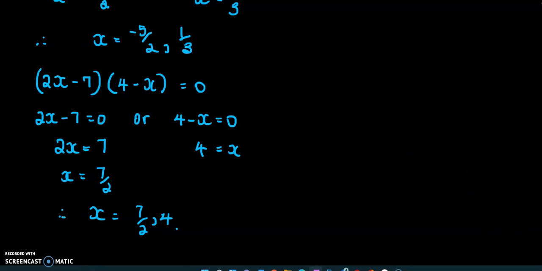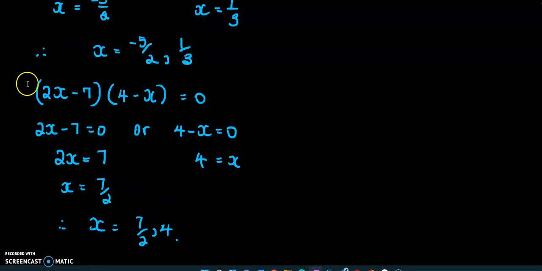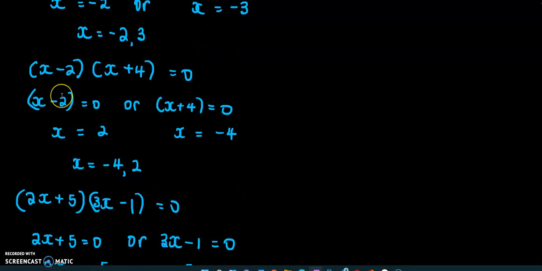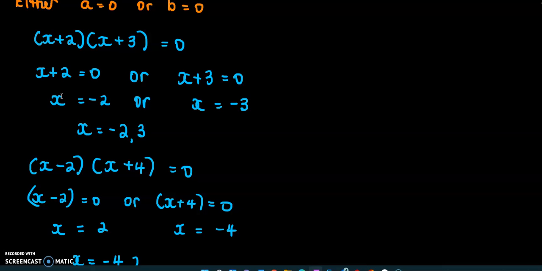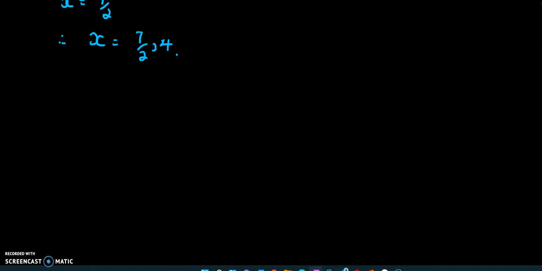Now let's actually get into the actual quadratic expression. But just remember, these examples that I have done are all quadratic expressions that have already been factorized. So let's say we have now x squared plus 3x plus 2 is equal to 0. First of all, we need to factorize to get it into the algebraic product, and then we can solve the equation.